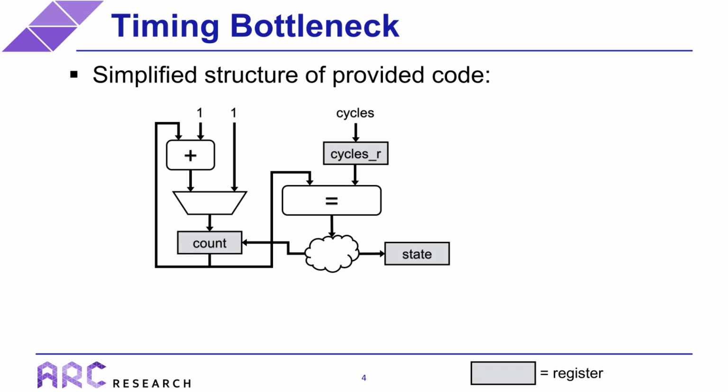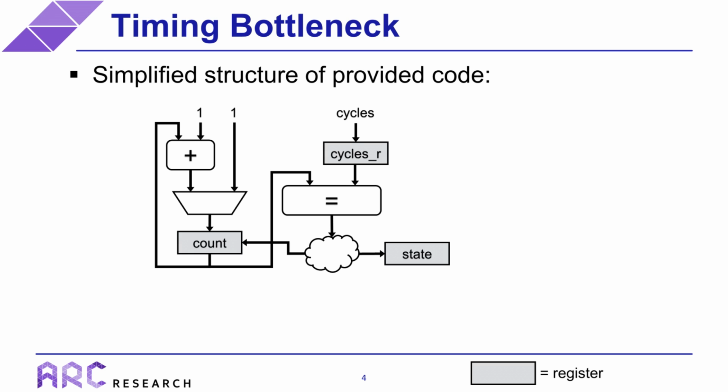As you can see in the figure, the count register has a mux input that either allows it to be initialized to 1 at the beginning of the execution, or to add 1 to the previous value in the case that we are counting. The select for this mux, which isn't shown, is determined based on the current state and the go input. And as mentioned earlier, the cycles input gets stored into an internal register when go is asserted in the idle state.